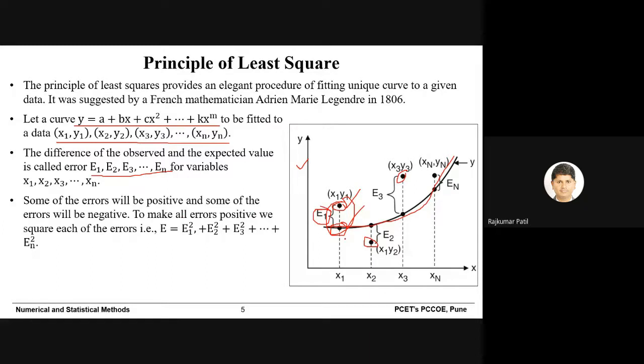Suppose we assume the data points above the curve are positive and the points below the curve are negative, then we cannot directly add those errors.